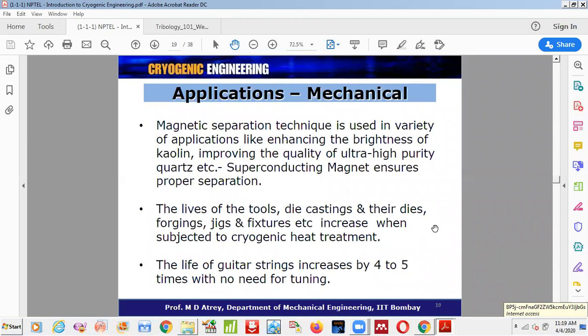So people tune them often to make them tight, so that the rhythm of the sound comes properly. In order to avoid that, they go for guitar strings which are subjected to cryogenic heat treatment. They say the life of the guitar strings will be increased by 4 to 5 times without needing tuning.